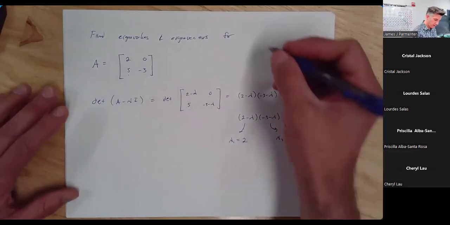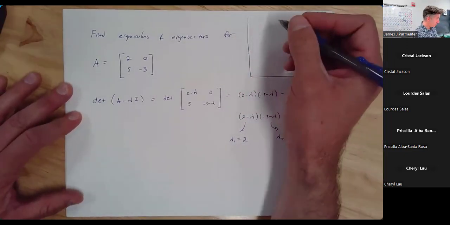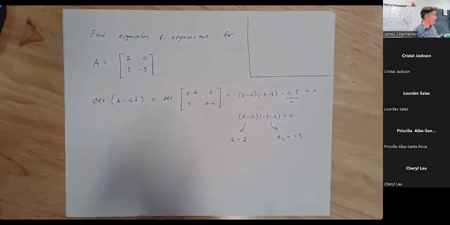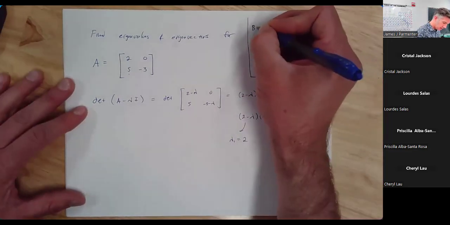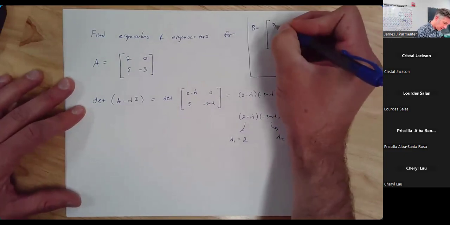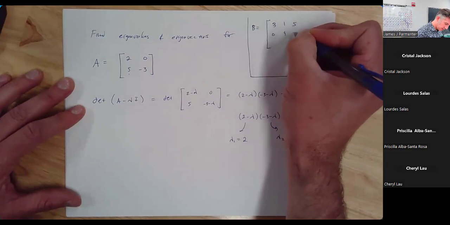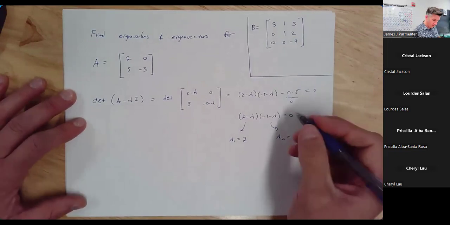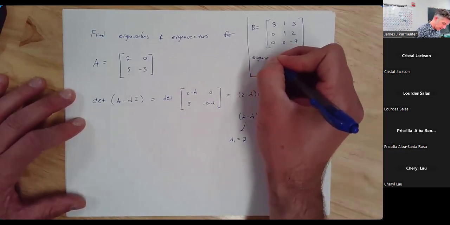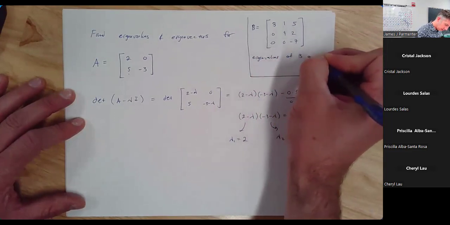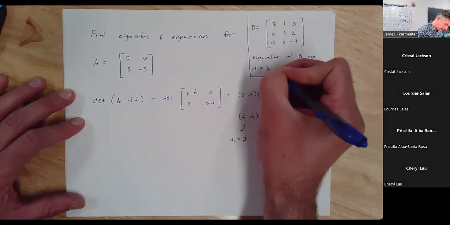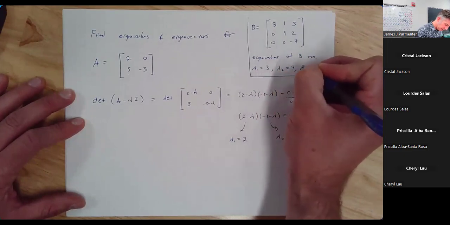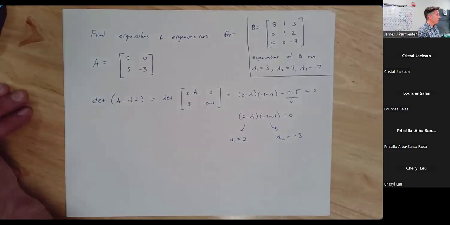I could also point out that if someone gave us a larger matrix, which we usually don't have the tools to find the eigenvalues of, say B equal to 3, 1, 5, 0, 9, 2, 0, 0, negative 7, it is very, very true that the eigenvalues of this matrix are lambda 1 equal to 3, lambda 2 equal to 9, and lambda 3 equal to negative 7. And that is always true for an upper triangular or a lower triangular matrix, that the diagonal entries are the eigenvalues. It's kind of great.